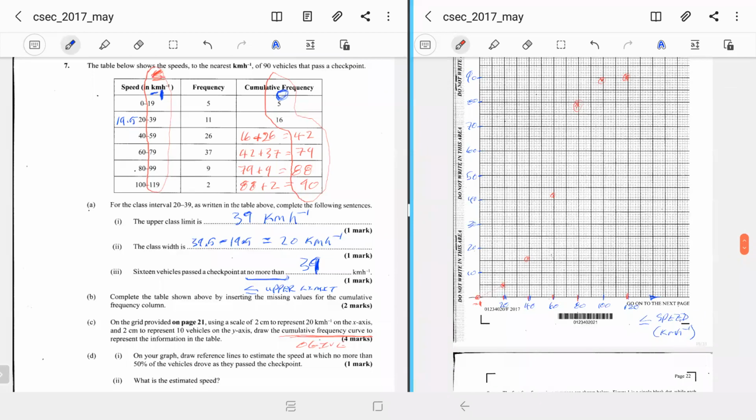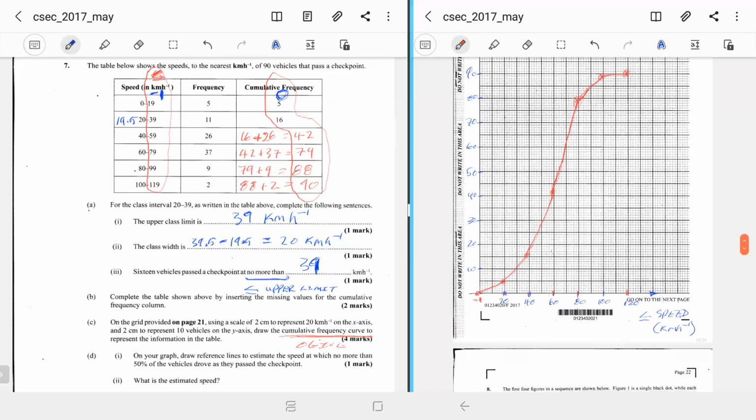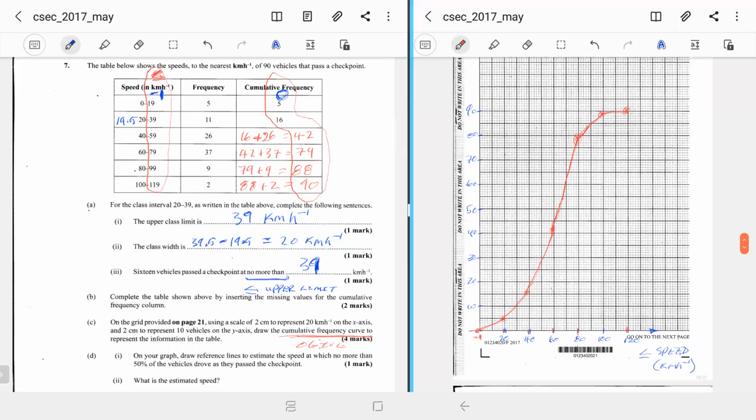Let's do it like that. That's it, guys. And it has that correct shape, that characteristic ogive shape. See it? Like an S, like a cobra snake.